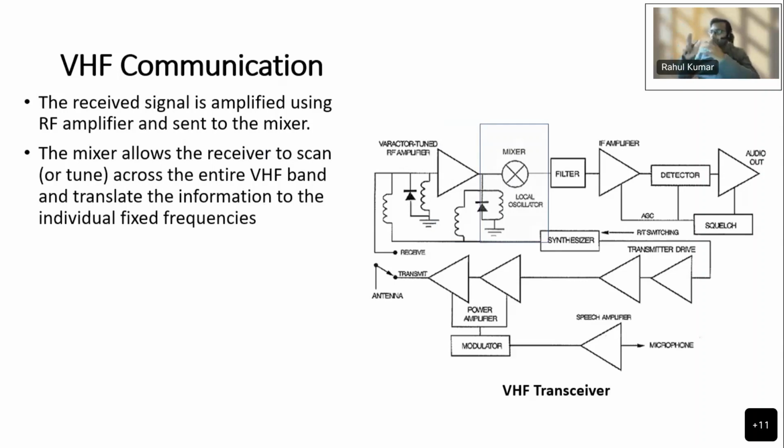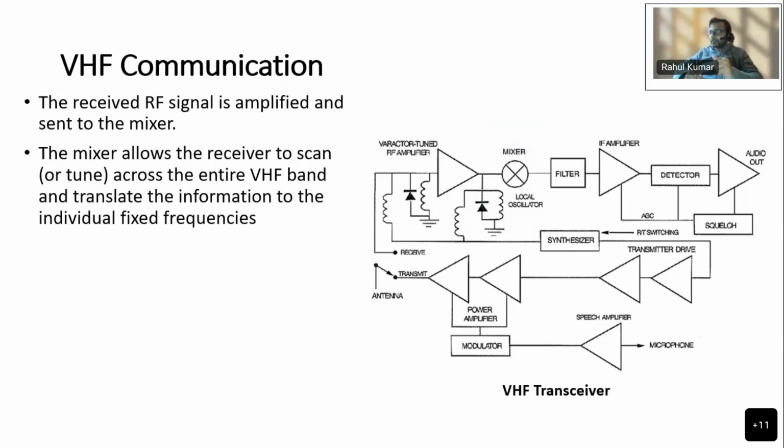So this mixer will tune the entire VHF band and find out the individual frequencies, something like a radio, right? In older radios you had that tuning knob and you could scan through all the different frequencies. We do something like that here.